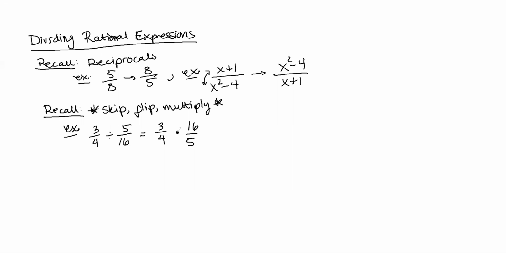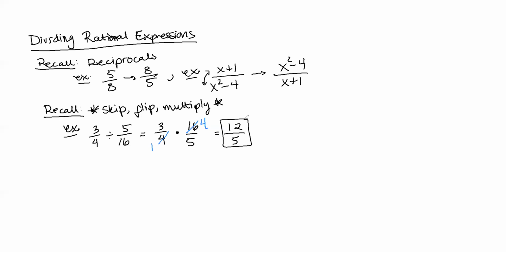So I'm going to go ahead and reduce the 4 and the 16 to a 1 and a 4. That's all we can reduce. So on top we have 3 times 4 is 12. And on the bottom, 1 times 5 is 5. So just remember, skip, flip, multiply. Keep the first fraction, flip the second fraction, and change that division to multiplication.